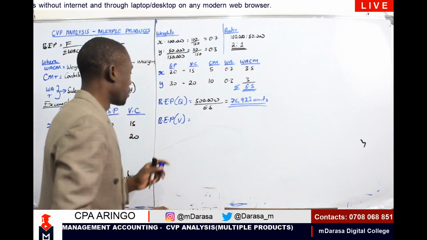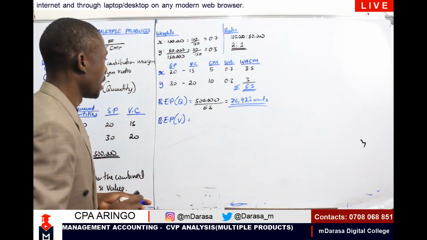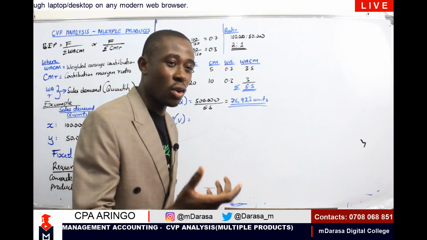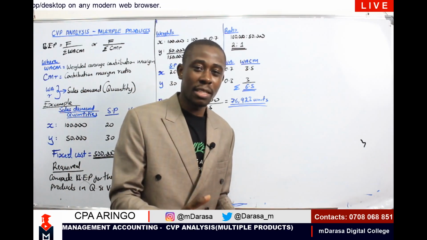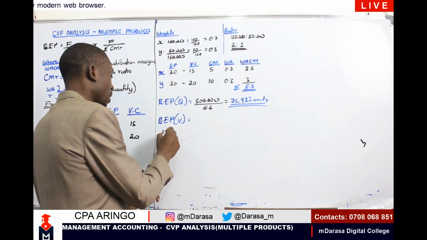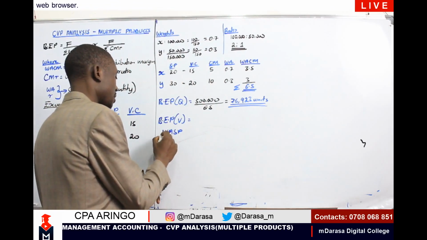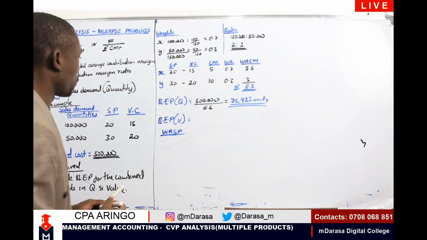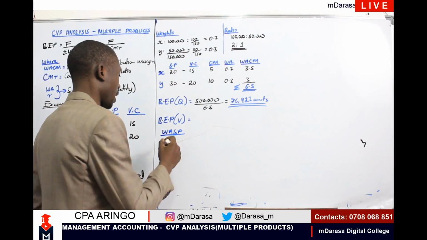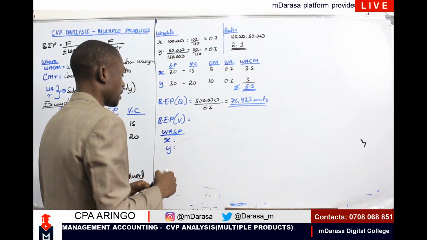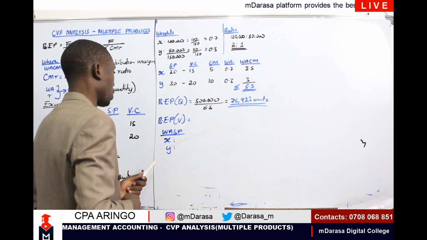I'll also be required to come up with a weighted average for our selling price per unit. So I'll have to calculate the weighted average of our selling price. You know very well I'm having X and Y, correct? Selling price of X, you know very well we had 20.